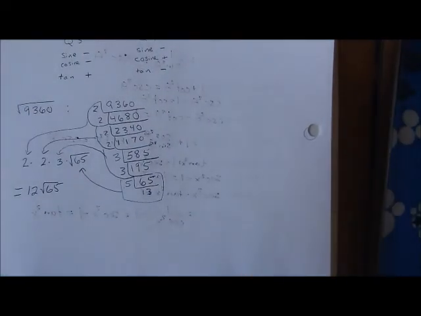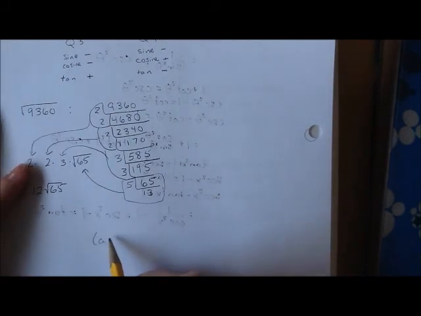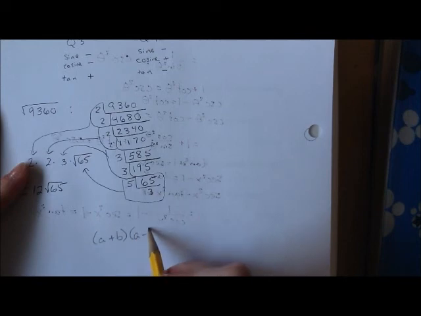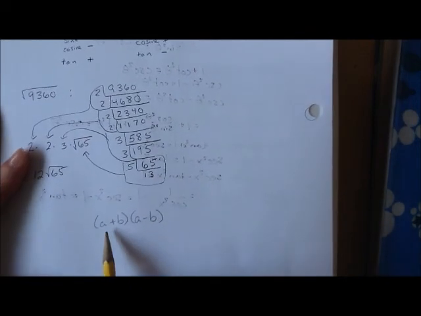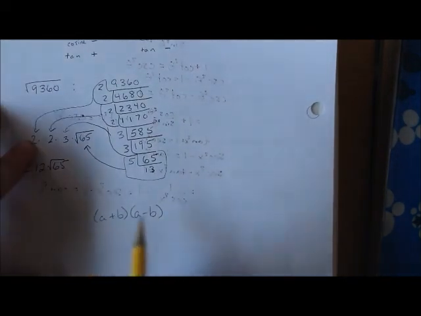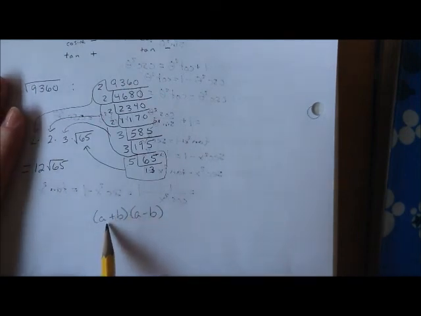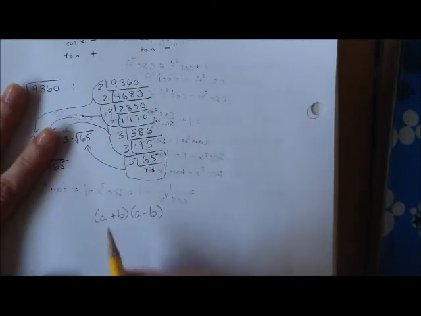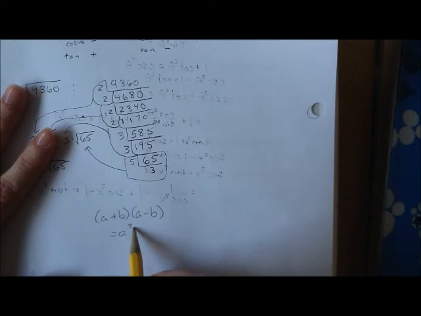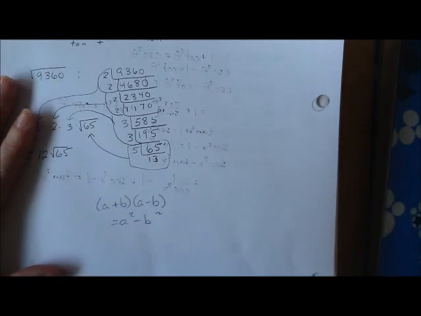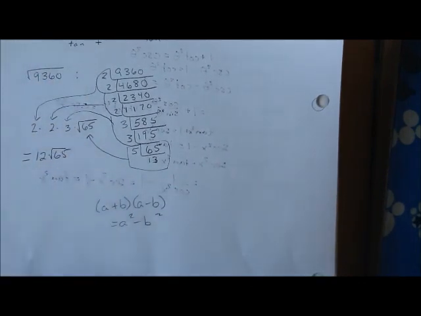The other thing it's going to be important to know is difference of squares. When you have a binomial by a binomial, and they have exactly the same numbers, but once it's a plus and once it's a minus, you get this. Now that is useful in two ways.